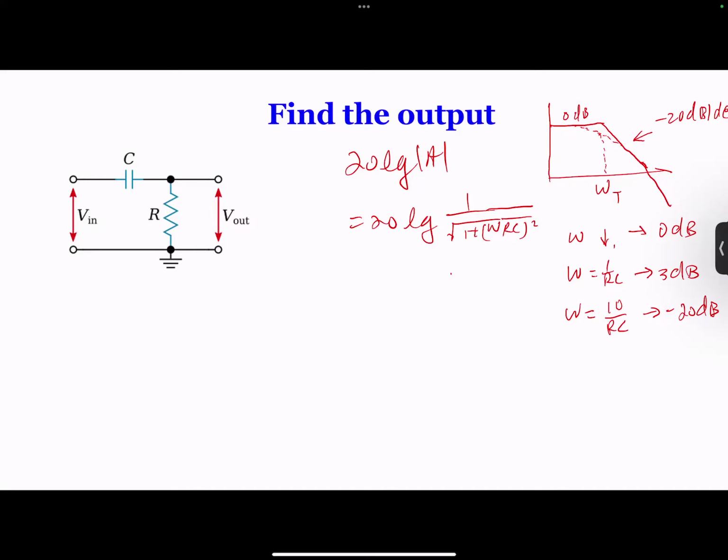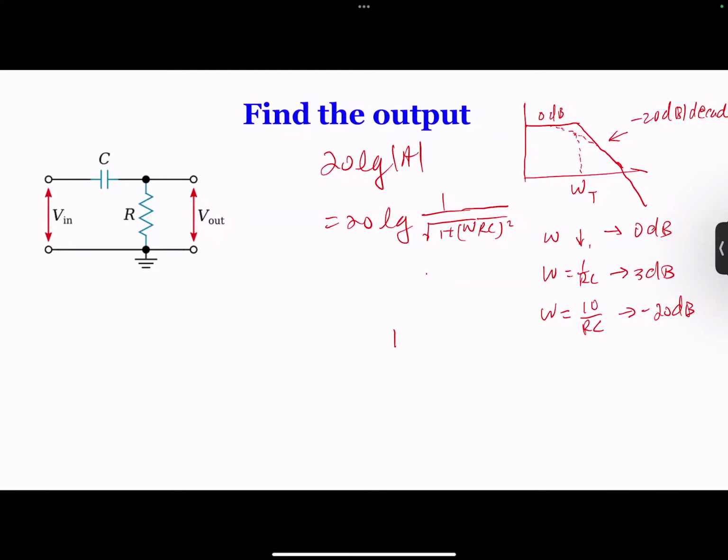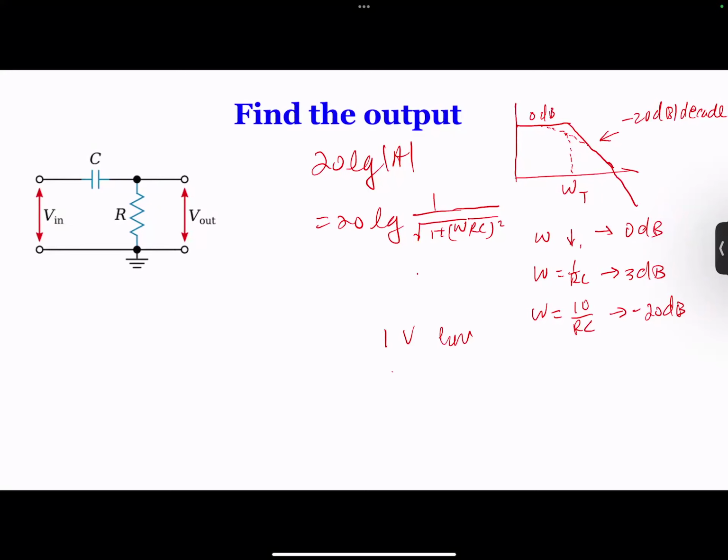So this is really what we call a low pass filter. Low frequency will get passed because that gain is 1. But your high frequency gets attenuated. So if you have an input, say, a 1 volt input at a low frequency and a 1 volt input at a high frequency, your low frequency output is 1, but your high frequency output is, let's say, 0.01.